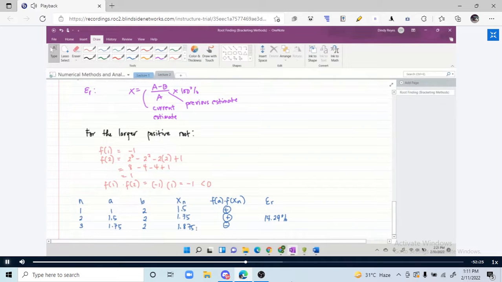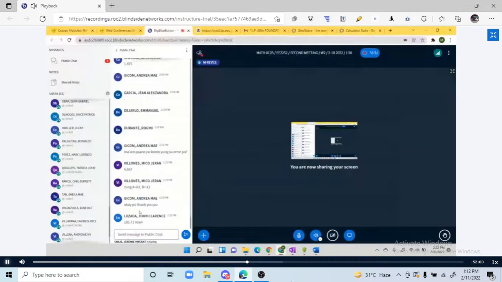Dun sa A mo, ang i-enter mo yung current estimate. So, current estimate mo dito for the third iteration is 1.875. And then B is the previous estimate. The previous estimate for the third iteration is 1.75. Okay, hit shift solve, tapos enter, hit yung equal sign twice, lalabas niya yung relative error.